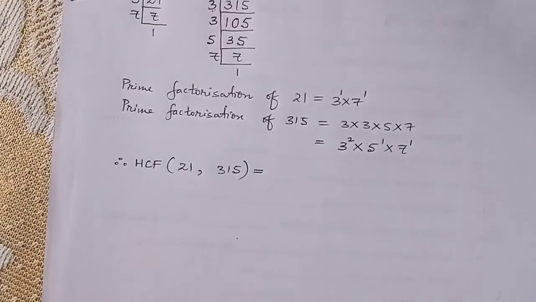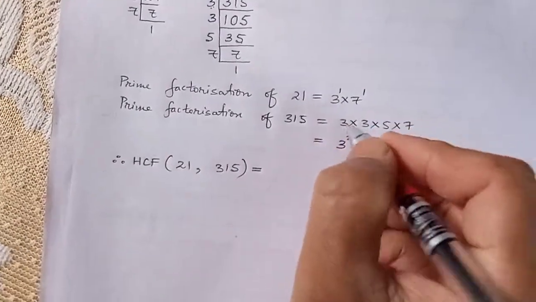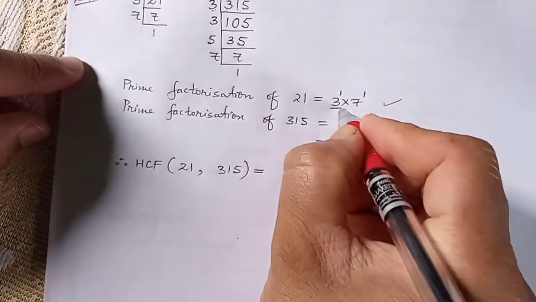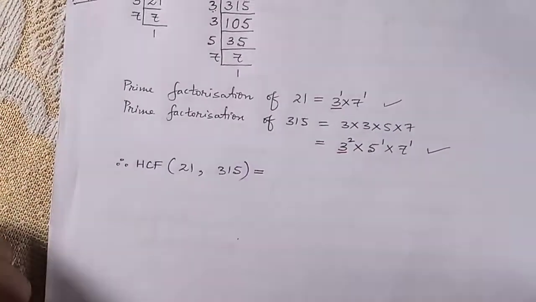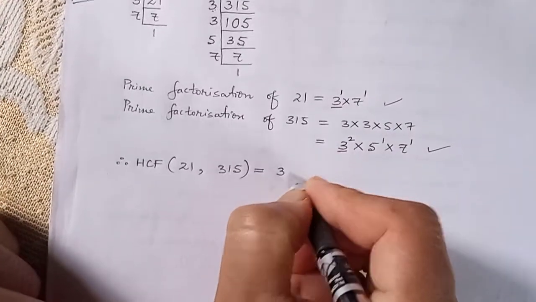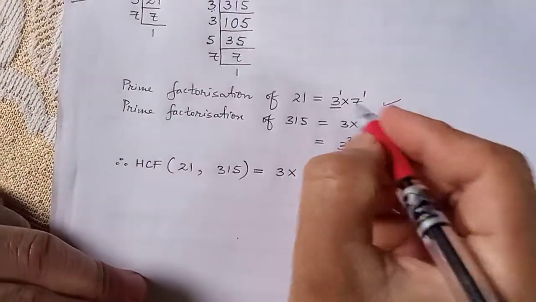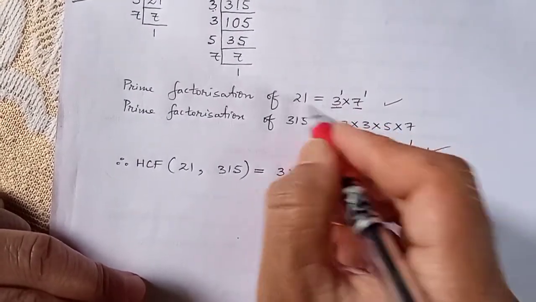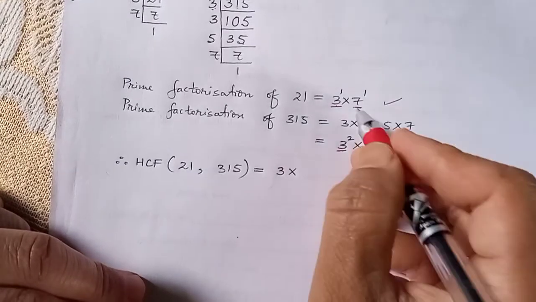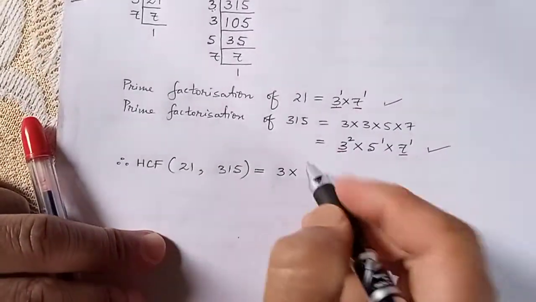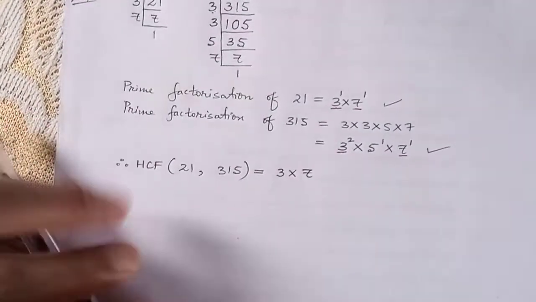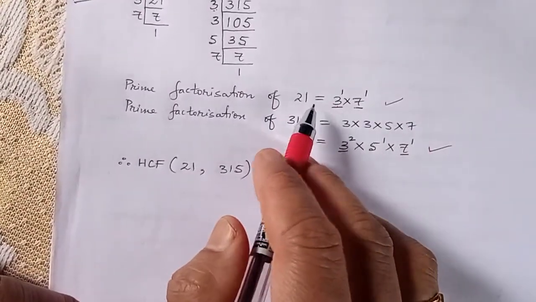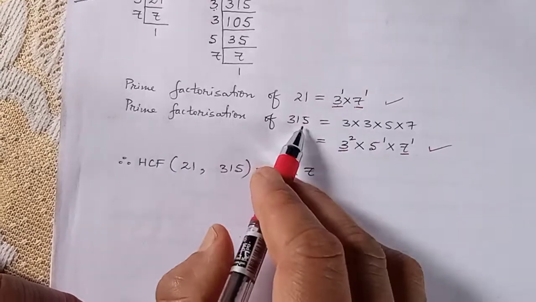So let's see which are the common prime factors here. You can see that in the prime factorization of 21 and in the prime factorization of 315, 3 is a common prime factor. So right here, 3. And in the same way, 7 is also a common prime factor, because 3 and 7 are present in both the prime factorizations of 21 and 315. But with the smaller power, look. In the prime factorization of 21, 3 has power 1. In the prime factorization of 315, 3 has power 2.